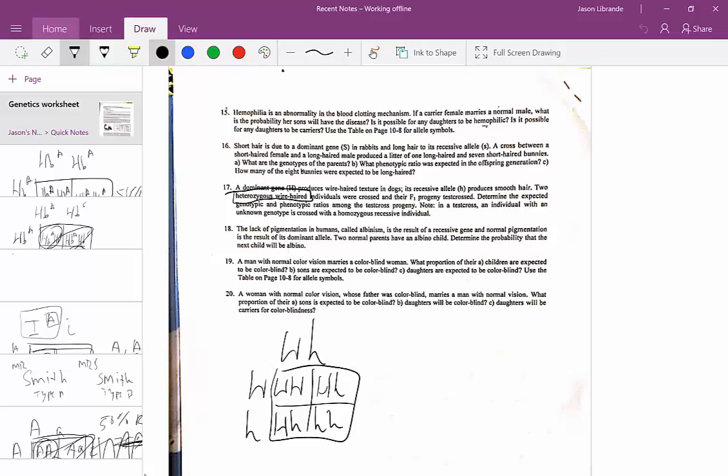And then a test cross, as it says, is where we cross a homozygous recessive individual back to each of these. So you would do that cross, and then that cross right there. I was going to do a few Punnett squares for this question.